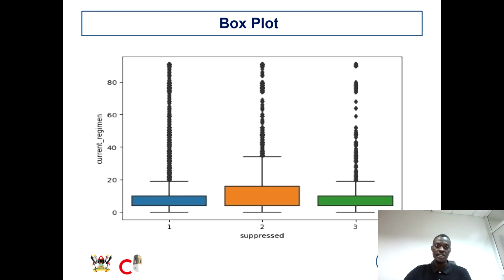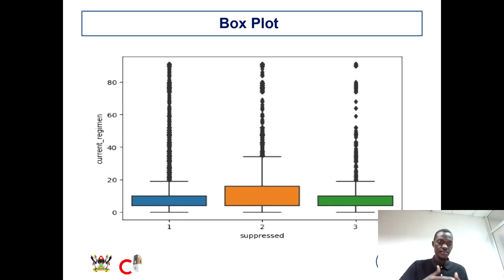So the box plot simply shows the current regimen, the treatment level, on the y-axis, and then the x-axis is where we have suppressed, which shows number 1, the patients that are suppressing or that are responding well to treatment, and you can clearly see that they are intact.